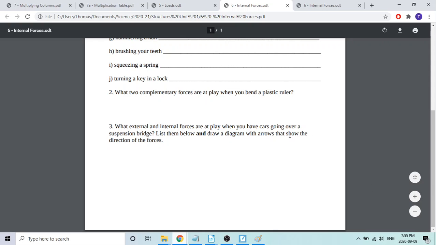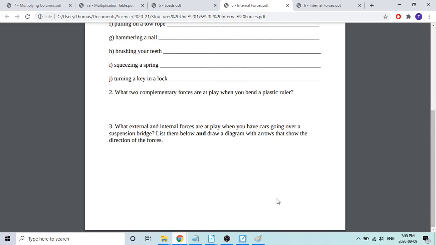So, when you have cars going over a suspension bridge, I want you to list external and internal forces that are there, and also draw a diagram, right? You have cars going over a suspension bridge. If you look back to the note or pause the video, you'll see there's a suspension bridge there, and that tells you basically all the internal forces.